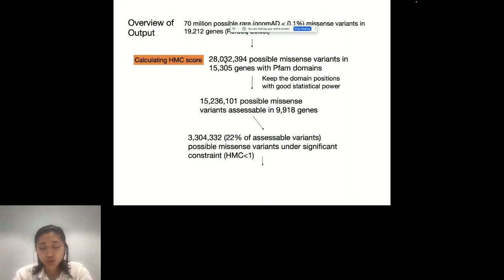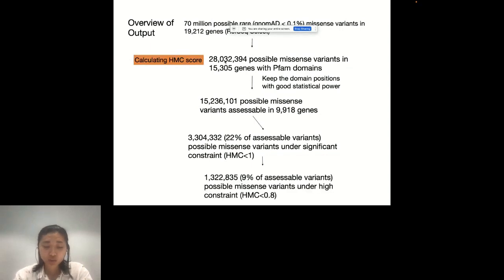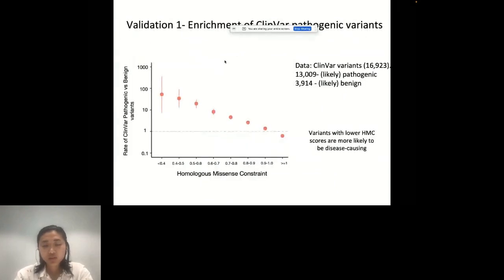We find that 22% of them are under significant constraint, and 9% of them are under high constraint if we use a lower threshold, 0.8, to define that. This is a value we find clinically relevant in our downstream validation. After constructing the score, we ask whether HMC scores are associated with ClinVar classification.